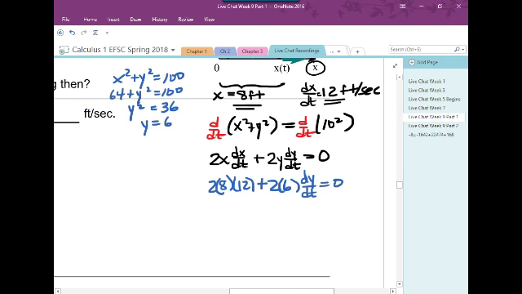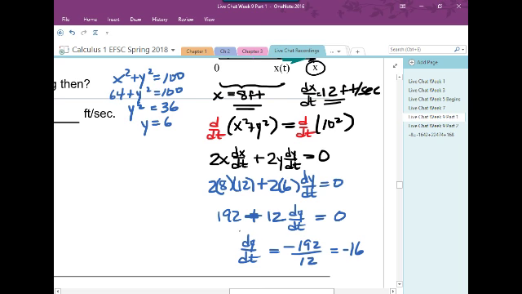So then we're going to have 16 times 12 is 192, plus 12 times dy dt equals 0. Subtracting 192 and dividing by 12, we get dy dt equals negative 192 over 12, which is going to be negative 16.